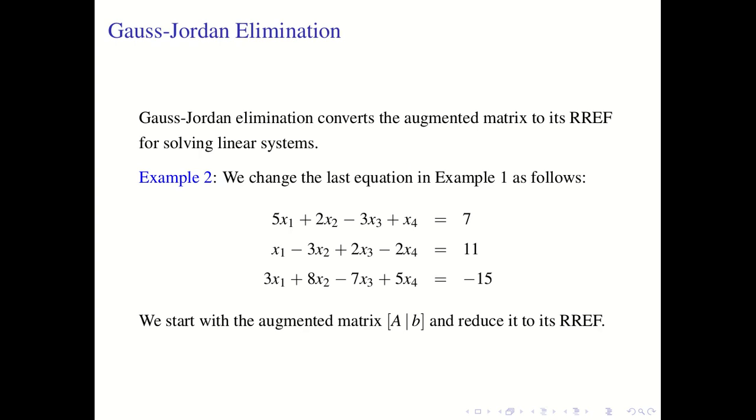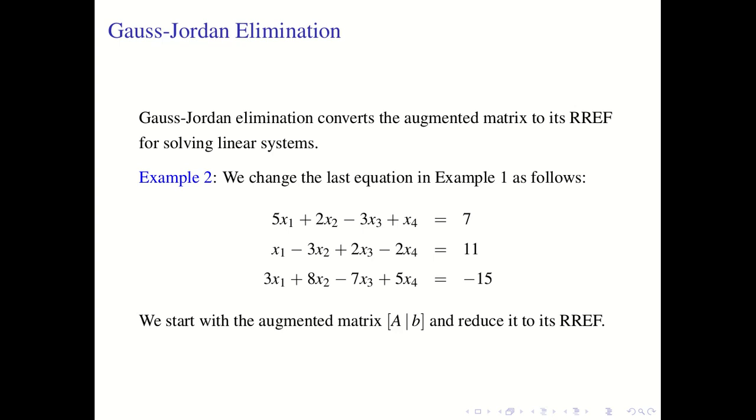Let's look at another example. This is our basic Gauss-Jordan elimination. In Gauss-Jordan elimination, what one does is bring the coefficient matrix to a row reduced echelon form.